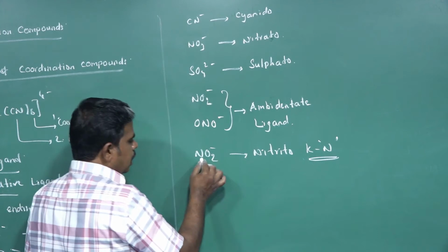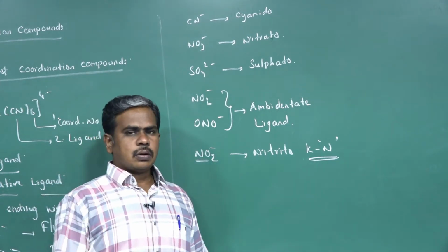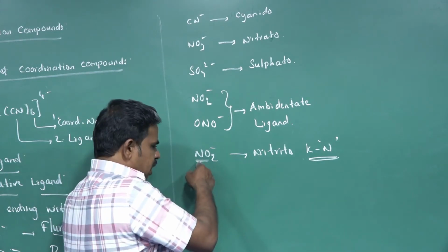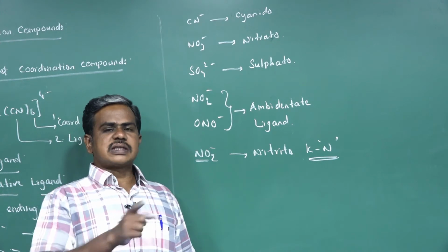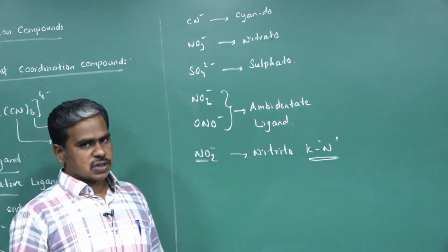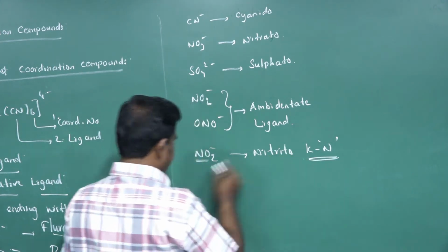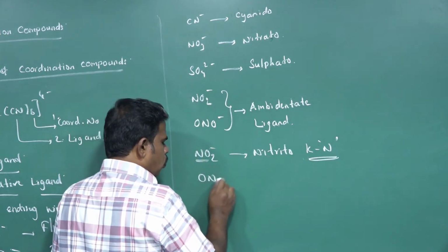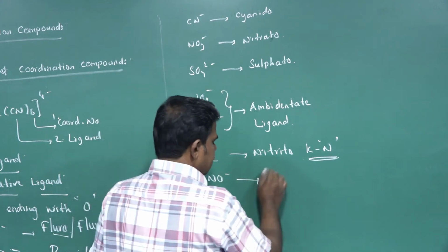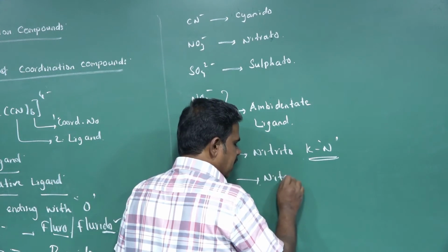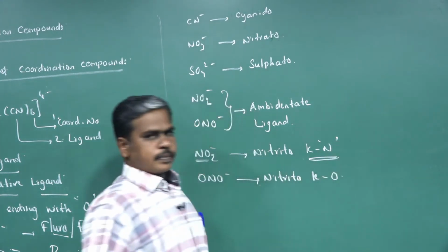Because here the donor atom is nitrogen. So the nitrogen atom makes a coordination bond with the central metal atom in a coordination complex. So we take nitrito-kappa-N. Now, if it is ONO minus, here also it is nitrito, and kappa-O.